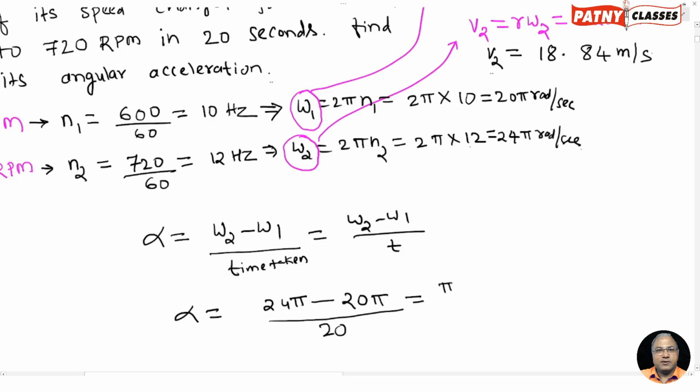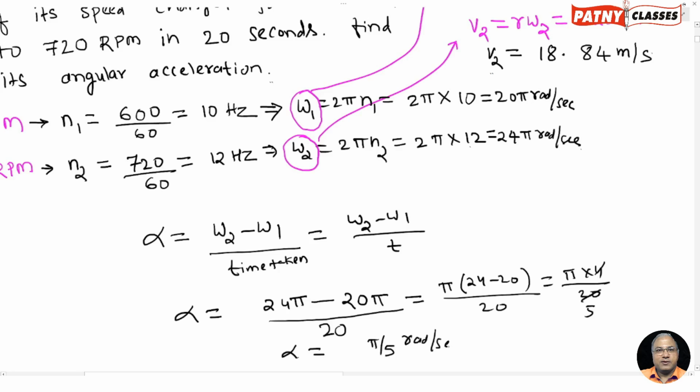So this equals pi into (24 minus 20) divided by 20, that is pi into 4 divided by 20, which is pi divided by 5. So alpha equals pi divided by 5 radians per second squared.